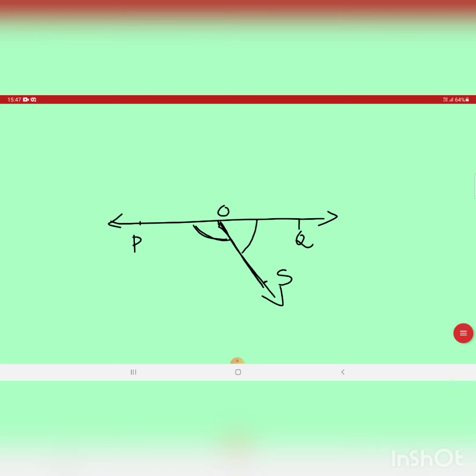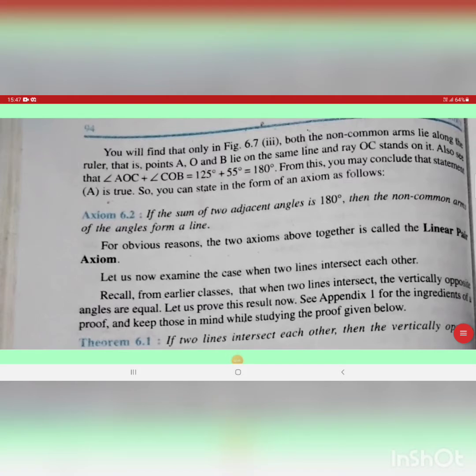Okay. Axiom 6.2. If the sum of two adjacent angles is 180 degrees, then the non-common arms of the angles form a line. So let us consider two adjacent angles. Adjacent angles means they have a common arm.